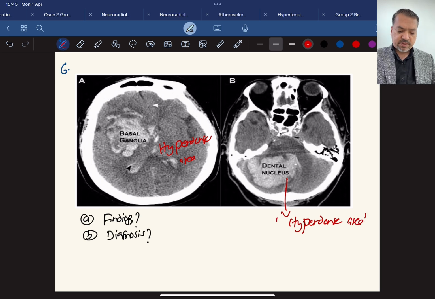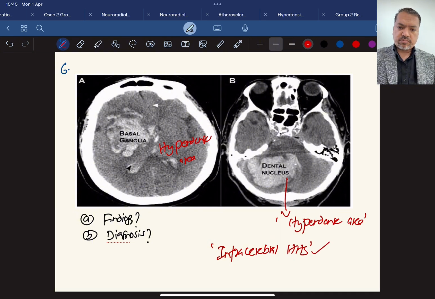So if a hyperdense area occurs in the basal ganglia and dentate nucleus, then it is called intracerebral hemorrhage, or it is also known as intracerebellar hemorrhage. You know, the dentate nucleus is present inside the cerebellum. Because acute bleeding or blood looks white on the CT, it is called a hyperdense lesion. So this is a very typical finding.